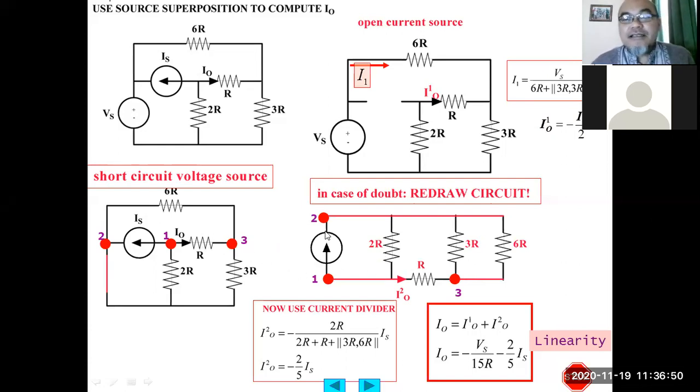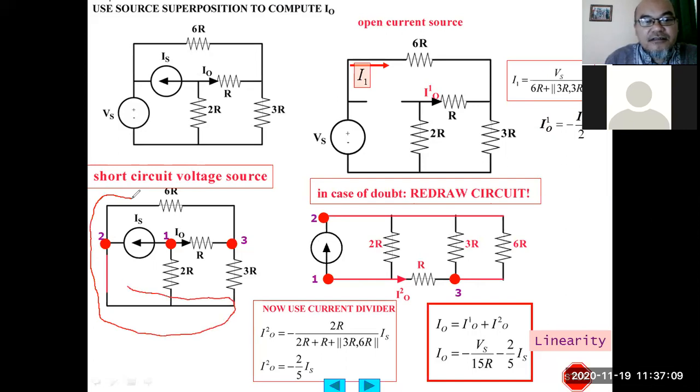Yes. The important thing is that you need to identify the nodes. Let's say here, for example, this is a single node, right? All this is a single node because they are connected.